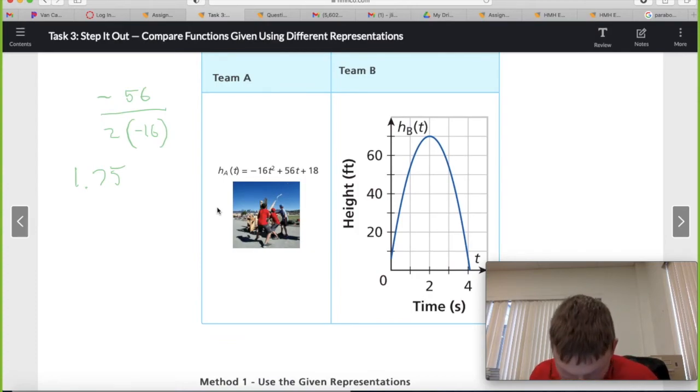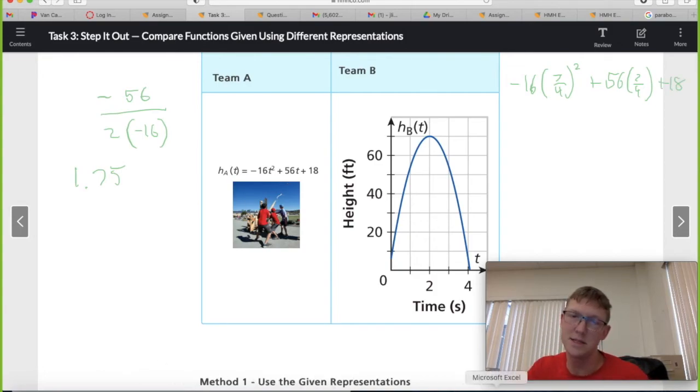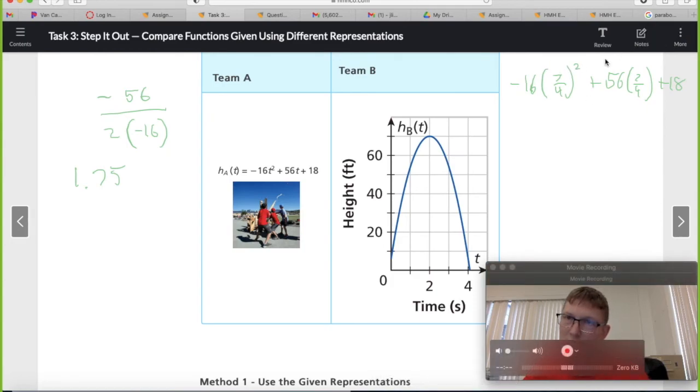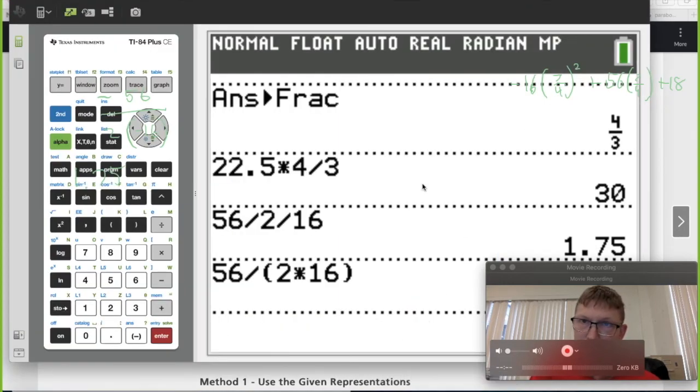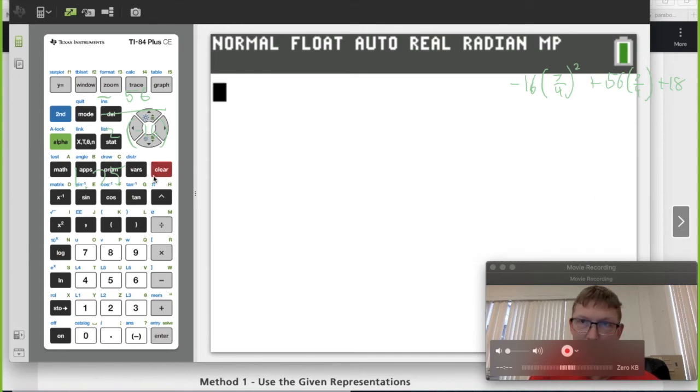So if we take 7 over 4, negative 16 times 7 over 4 squared plus 56 times 7 over 4 plus 18. Y'all can work that out, and it's something good that you should be able to do, multiplying fractions by each other, but I'm not going to do that here.